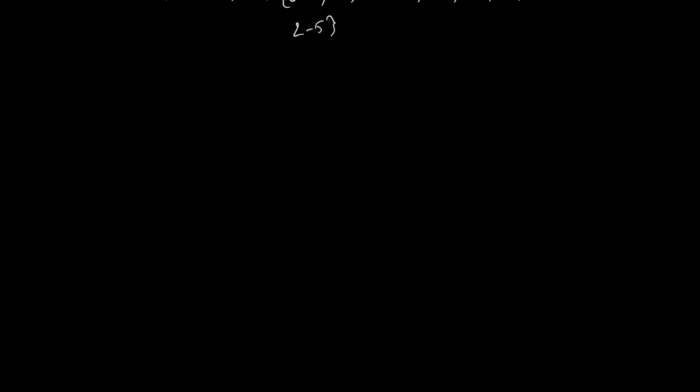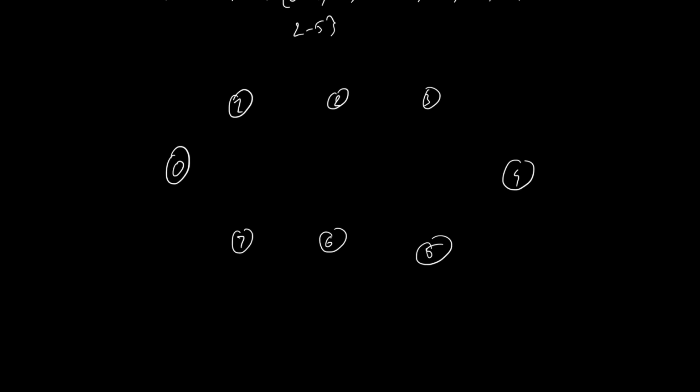So again, the cheapest edges graph would be something like 0, 1, 2, 3, 4, 5, 6, 7, 8. 0, 1, 1, 2, 2, 3, 3, 4, 2, 5, 2, 8, 5, 6, 6, 7.